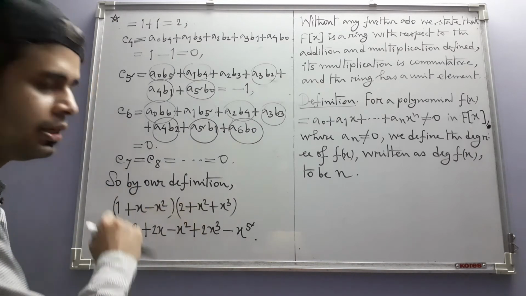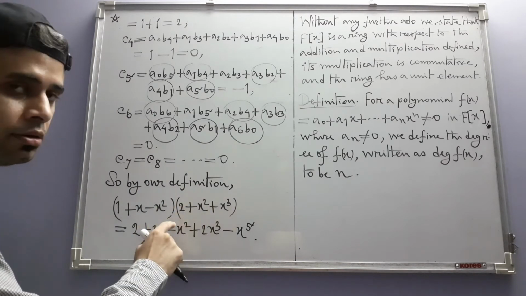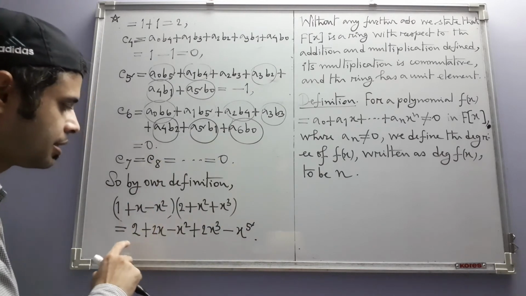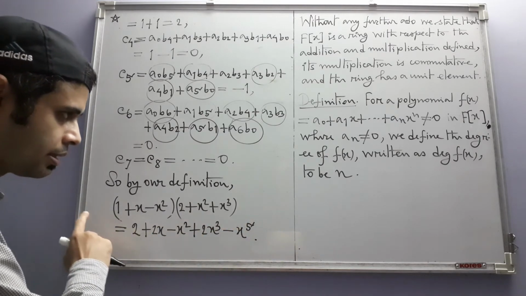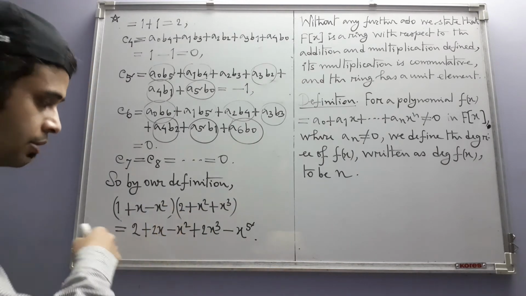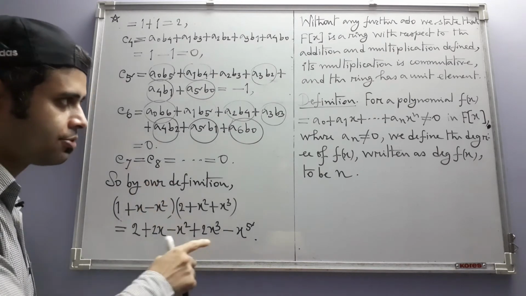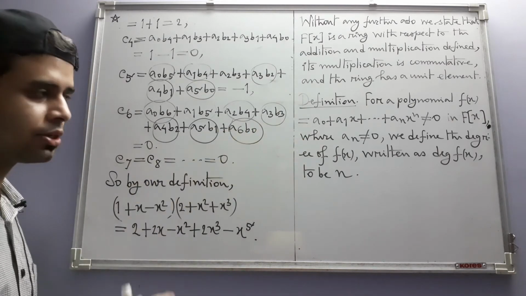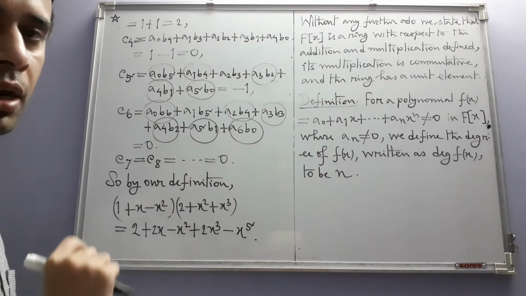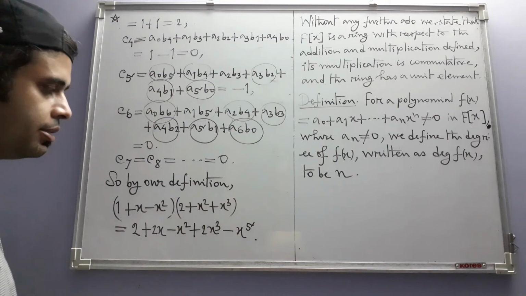But 3 is not the degree, because coefficient of x cube is 0, coefficient of x to the power 4 is 0. The fact that a polynomial is an expression that looks like a series like that, which has only finitely many non-zero coefficients, allows us to define degree, because then only we get a largest exponent for which the corresponding term has non-zero coefficient. So that is the degree. Here the degree is 3.